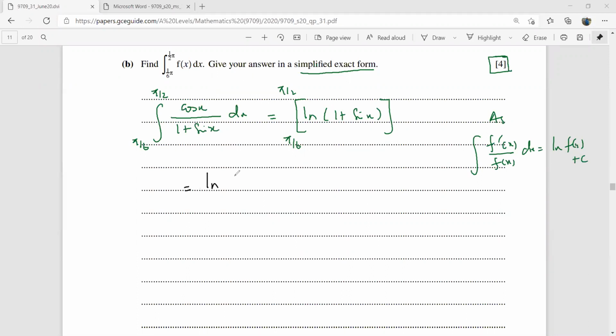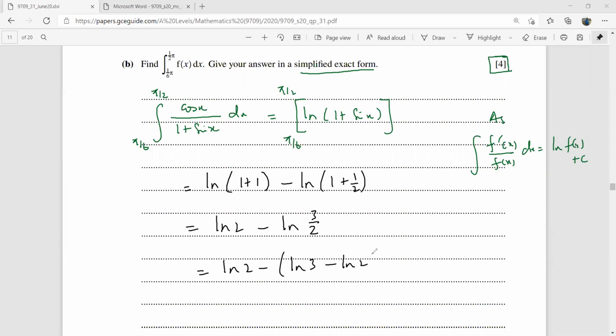Now let's apply the limits. Ln of 1 plus sine 90, that is sine 90 is 1, minus ln of 1 plus sine pi by 6, sine pi by 6 is half. Okay, so you have ln 2 minus ln 3 by 2. Can I write it as ln 2 minus ln 3 minus ln 2, right?